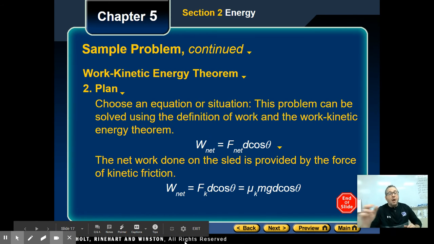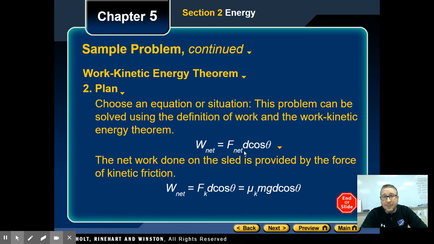All right, so one thing we need to look at is the individual formulas themselves. The net work formula we saw last chapter has net work equal to net force times displacement times the cosine of theta. But in this particular example, the net work that is actually done is provided by the force of kinetic friction, because the sled slows down.